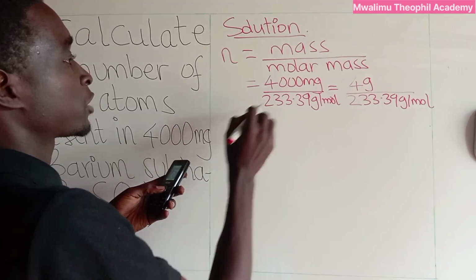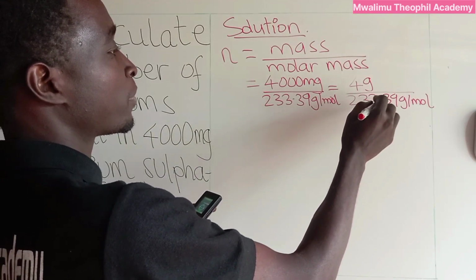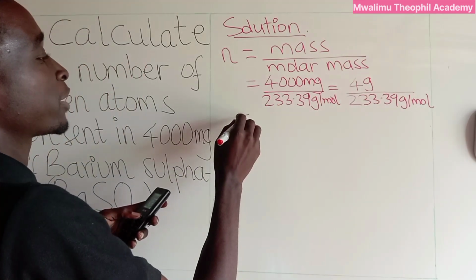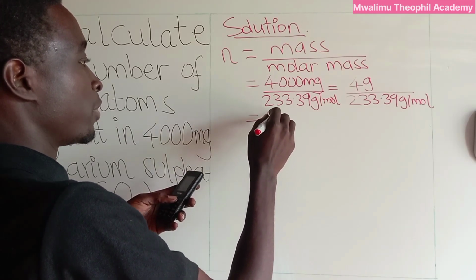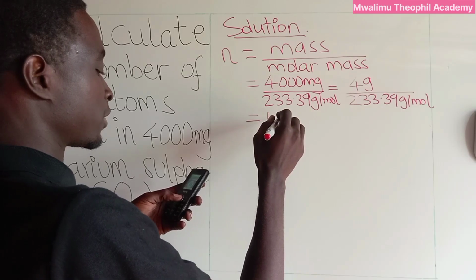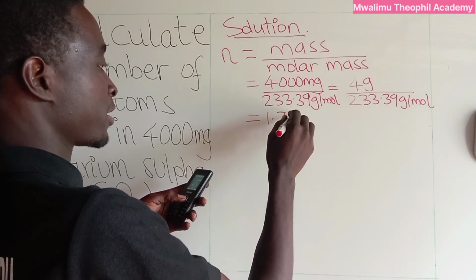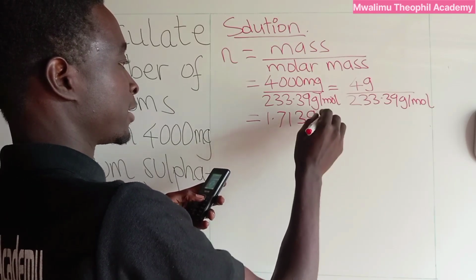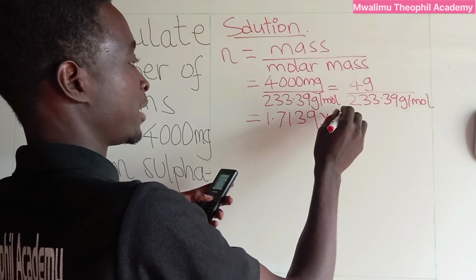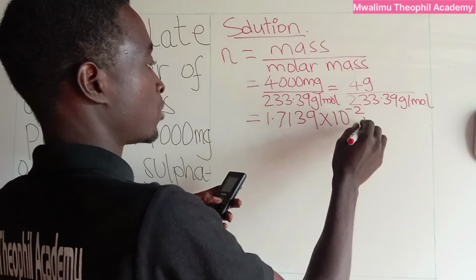When you compute 4 over 233.39 gram per mole, you get 1.713 times 10 raised to -2 moles.